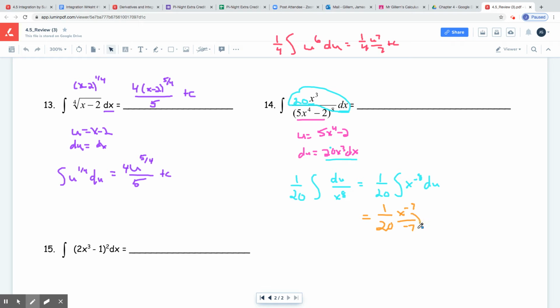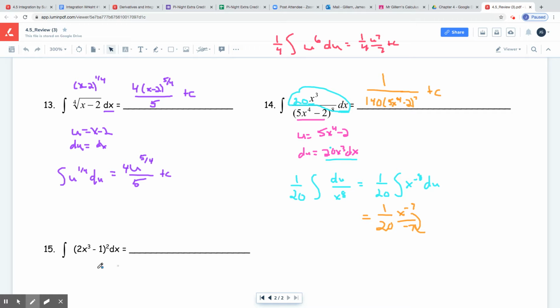Then I have to move this to the bottom, so it's 1 over 7 times 20, which is 140, times 5x to the 4th minus 2 to the 7th power plus c.